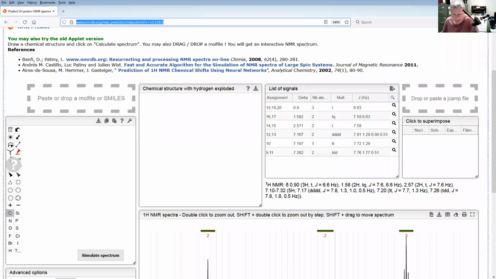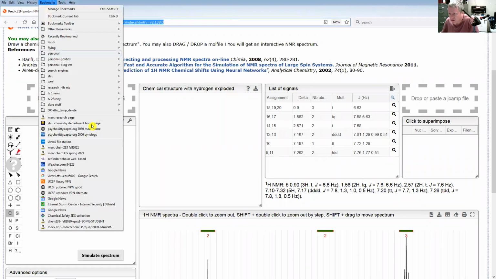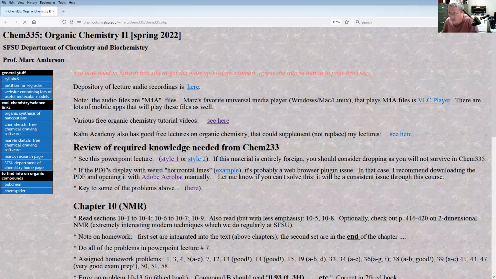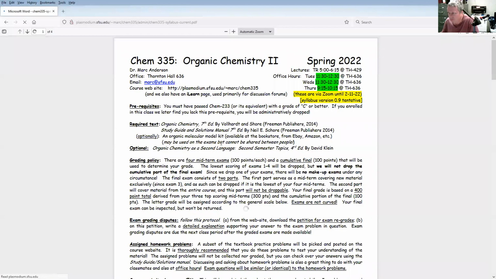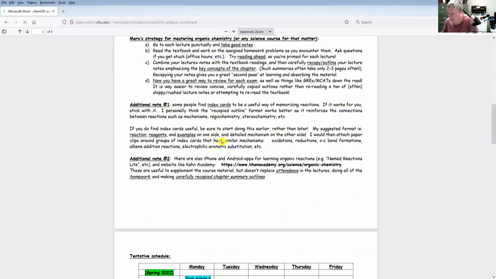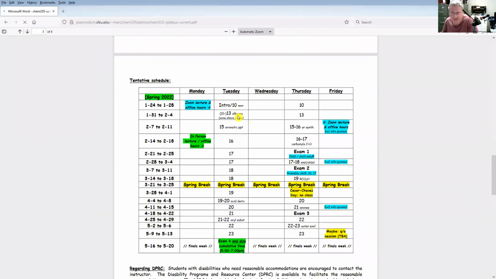So on the syllabus, I just wanted to remind us where we are. We're a tiny bit behind, but this is normal in this course.